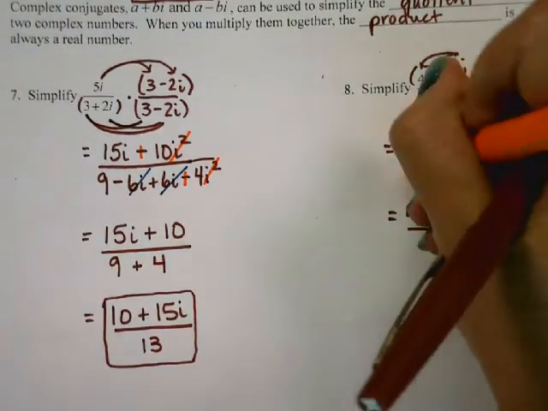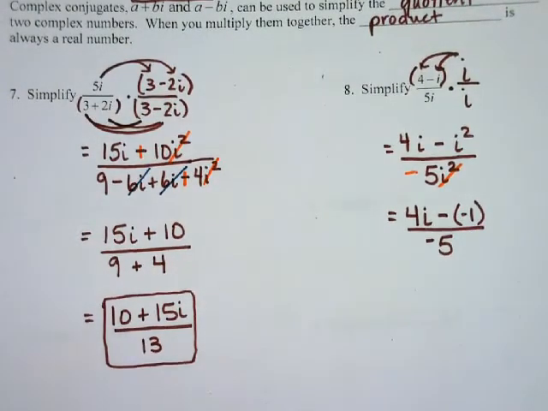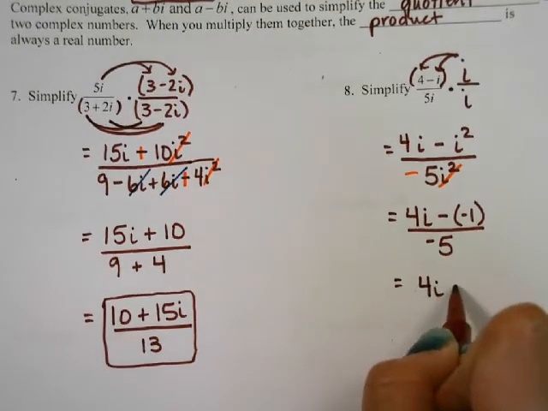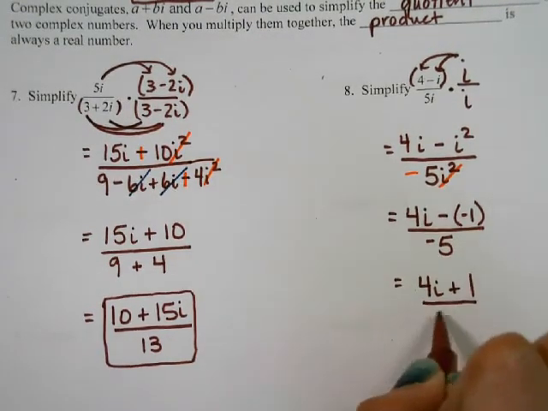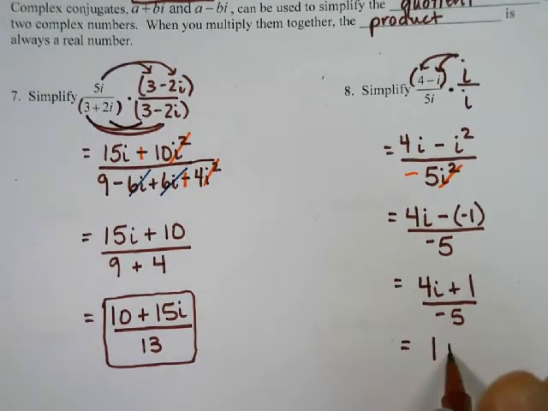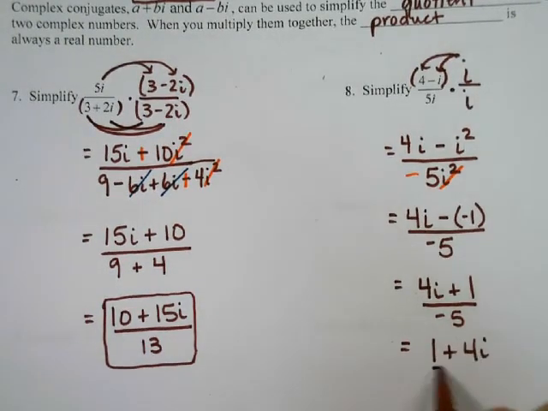So essentially I have 4i plus 1 all divided by a negative 5. Or, if you like it better, 1 plus 4i all over negative 5.